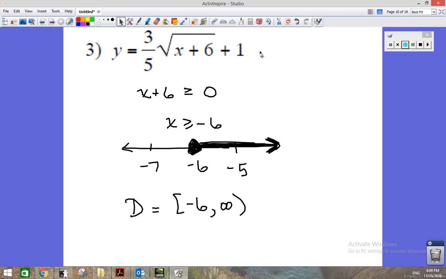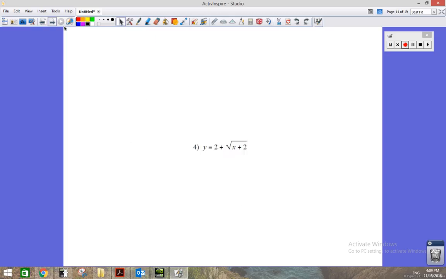The plus 1 is lifting up 1. That's up and down and affecting the range. The x plus 6, that's what I needed to be greater than or equal to 0, just like in problem 1. So the answer for number 3 and the answer for number 1, they have the same domain. Now they're not going to have the same range, but remember, I would give you the graph to find the range to help you, probably the equation and the graph, or at least the graph.